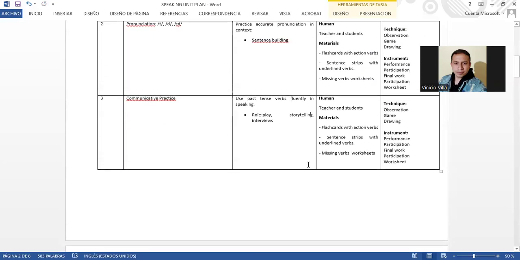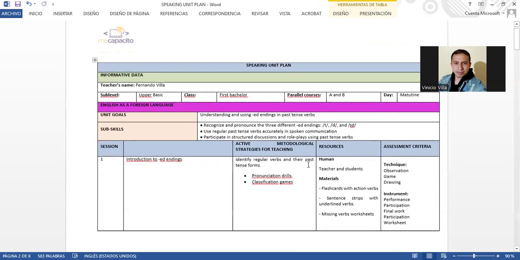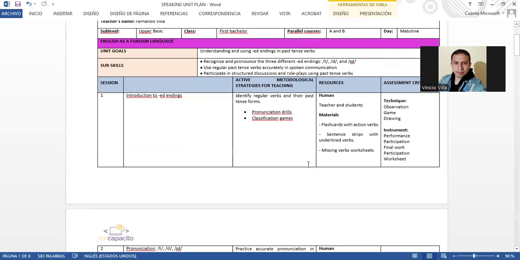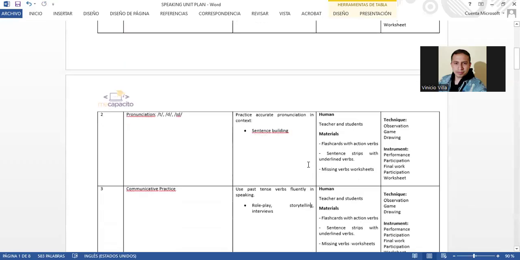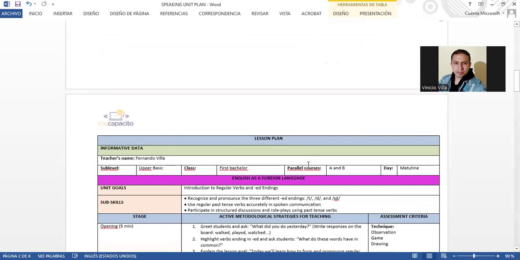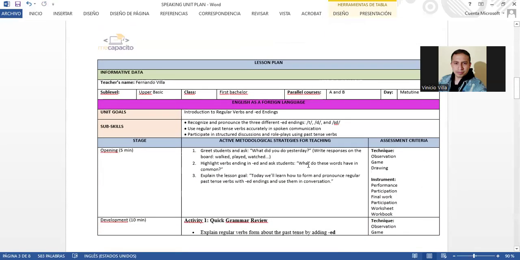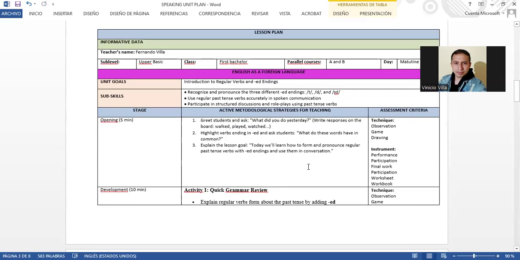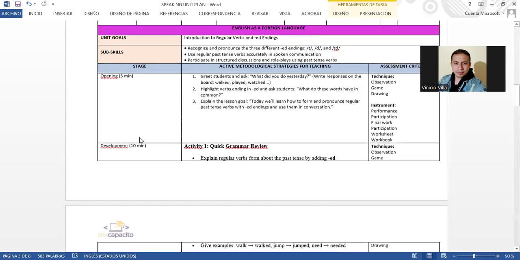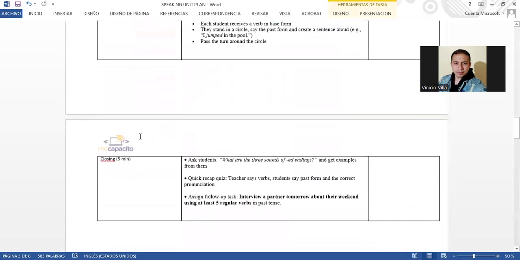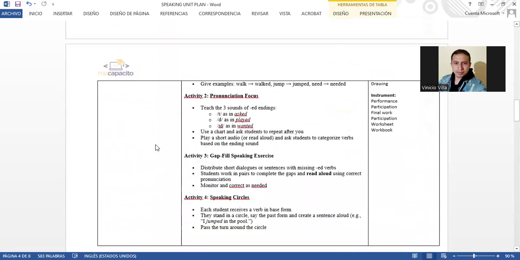Well, this is the unit speaking plan. The second requirement was to create a lesson plan. In the lesson plan, we can find three main points: opening, development, and closing section.